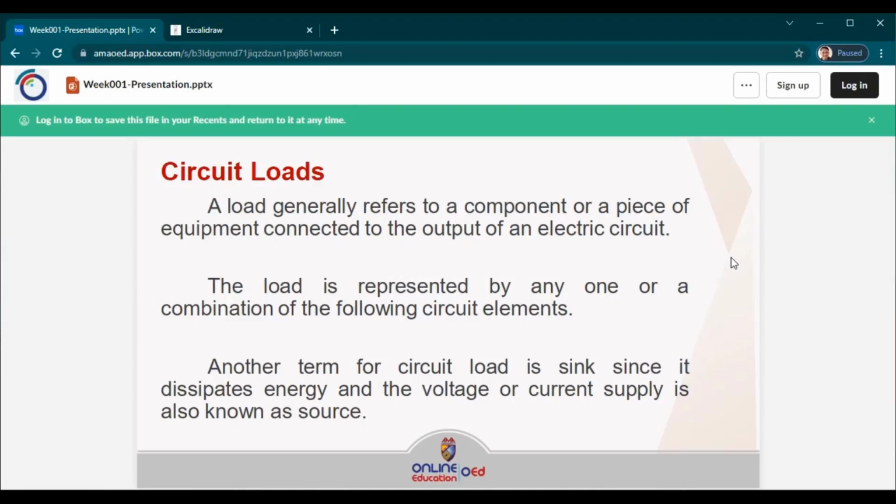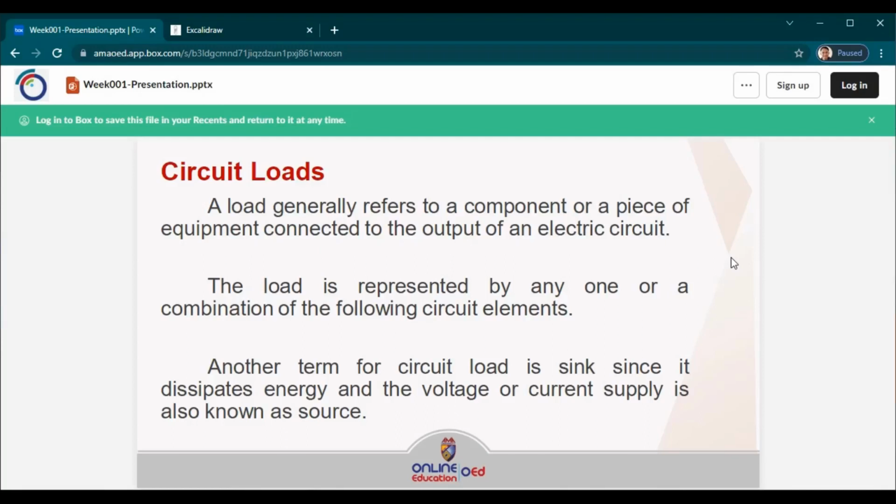Circuit loads. A load generally refers to a component or a piece of equipment connected to the output of an electric circuit. The load is represented by any one or a combination of the following circuit elements. Another term for circuit load is sink, since it dissipates energy, and the voltage or current supply is also known as source.